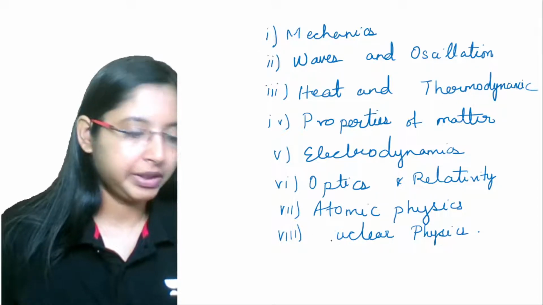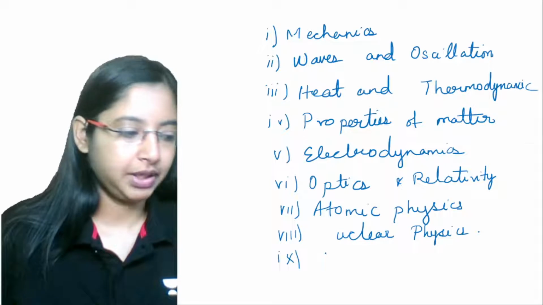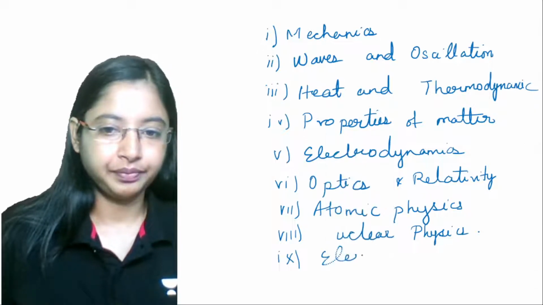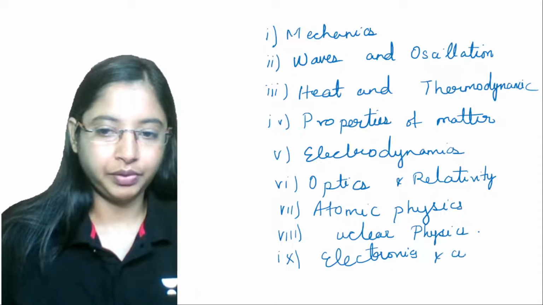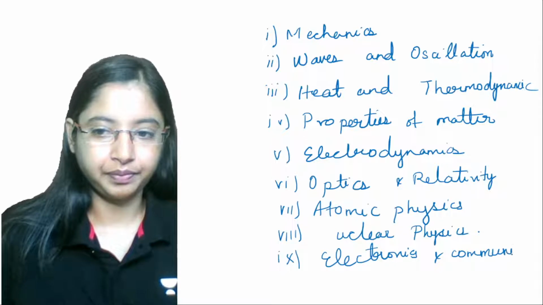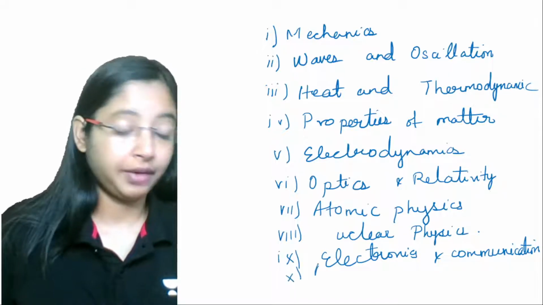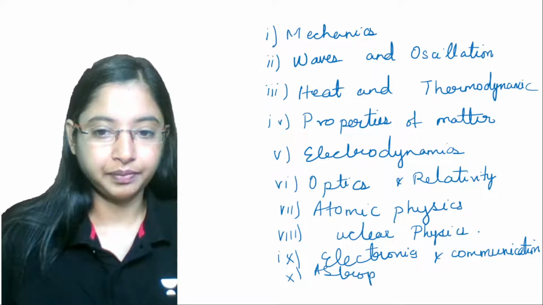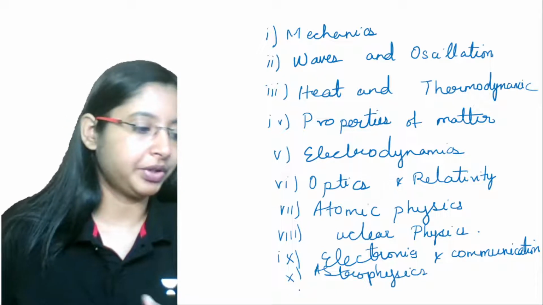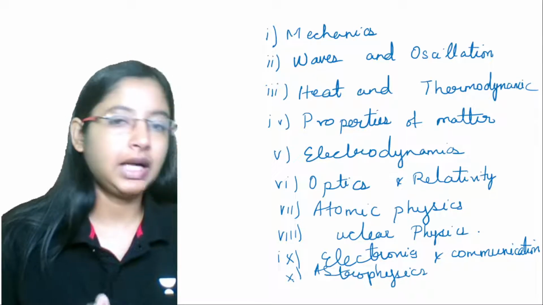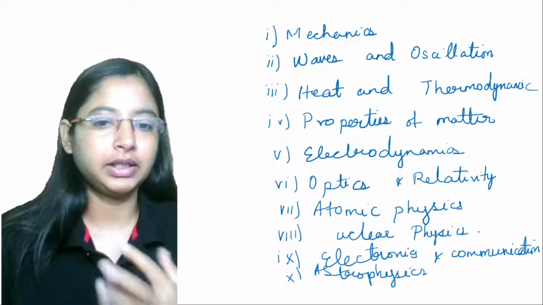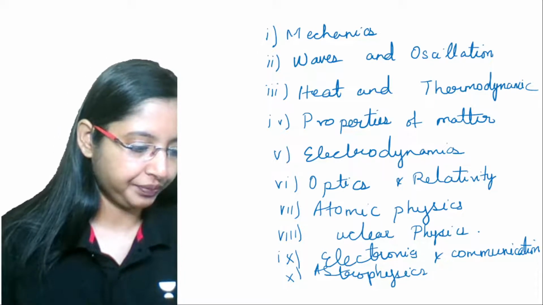The other branches are electronics and communication, and then you have astrophysics and also computer sciences. So these are the branches that physics is broadly divided into.